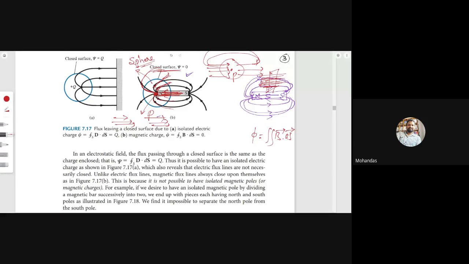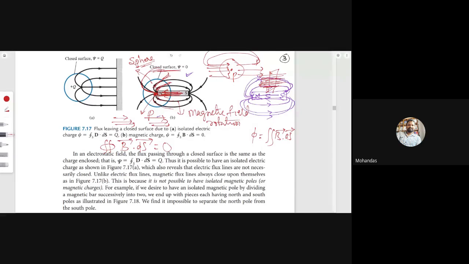So, that means finally we can say the total number of magnetic flux lines leaving through the closed surface, B dot ds, becomes 0. The reason is simple. The magnetic field is a rotational field.